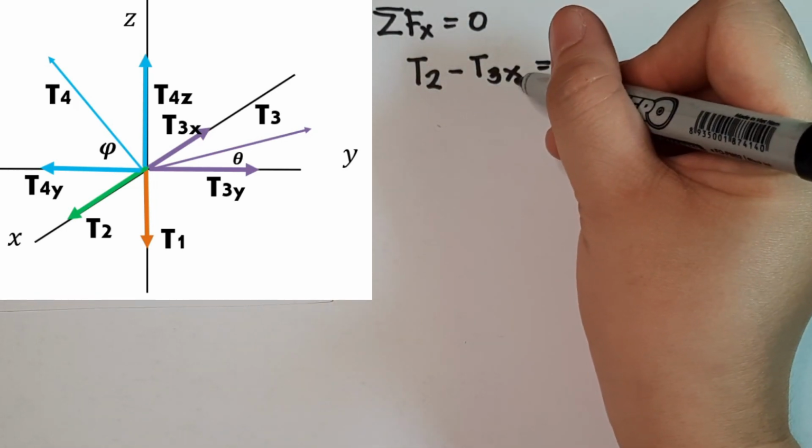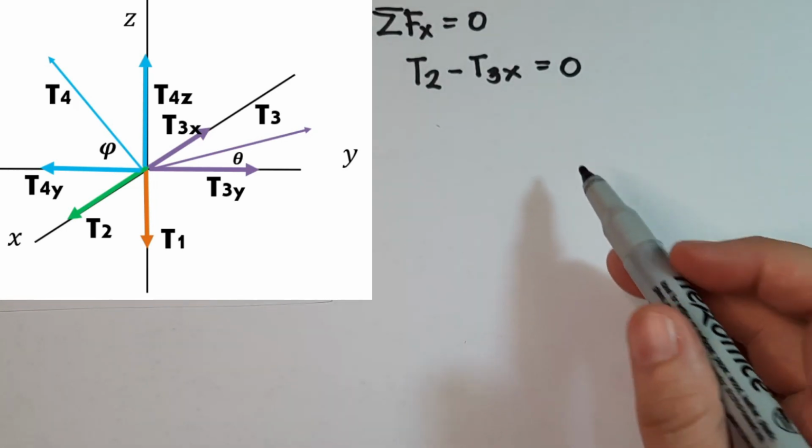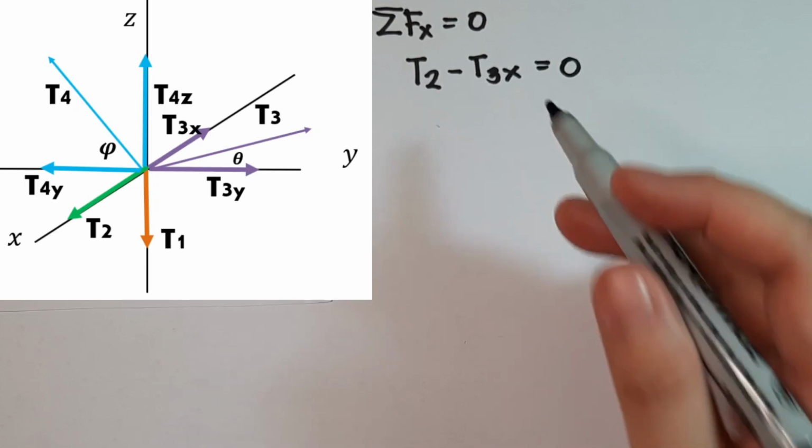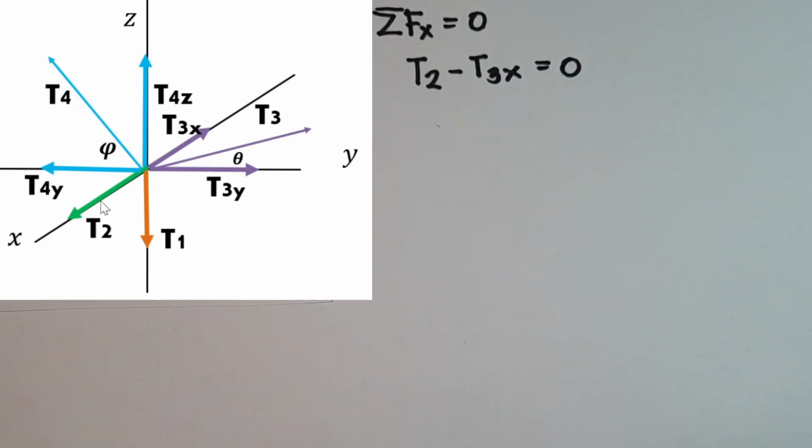Since this has components, we will get the equivalent of this. That is T3X, which is the opposite of theta, so we will use sine.